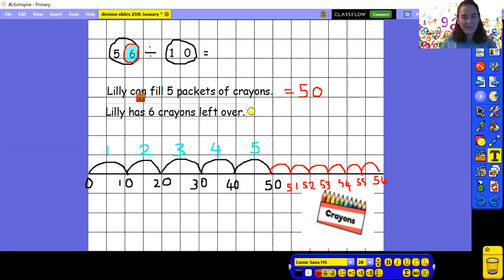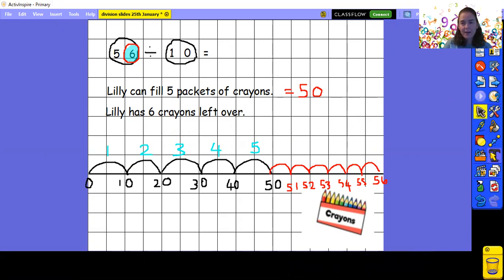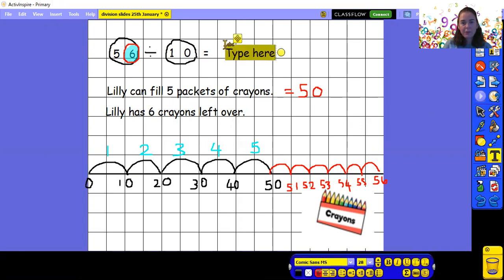Well done. So looking at the actual division calculation, if you were going to write what we have done now, the answer would be, she has filled 5 packs. So the answer in our calculation would be 56 divided by 10 is 5. And then we had 6 left over.